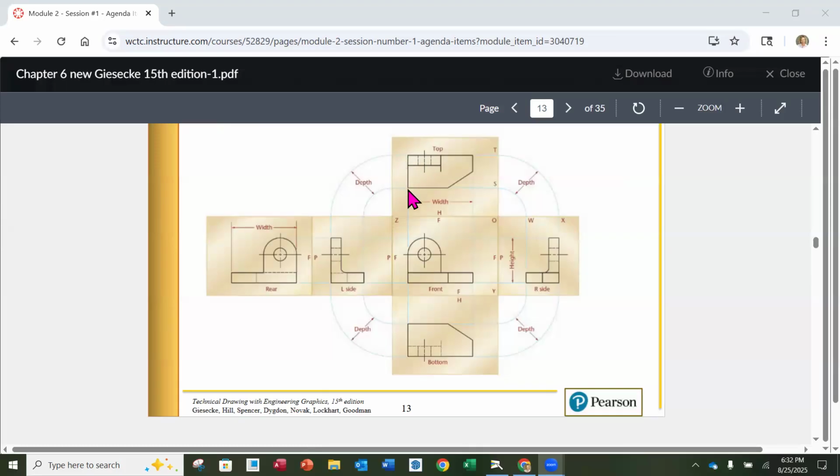But if I pick the front and the top, notice how this left side is in line across the views. Notice how if I go straight up from the center of this hole, here's the center line for what would be the hole in this view. It's hidden in this view, but we know that it's there. So it's depicting the sides of that hole instead of it as a circle, but that center line is in line.